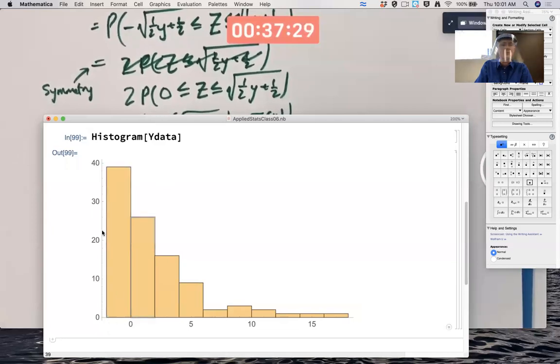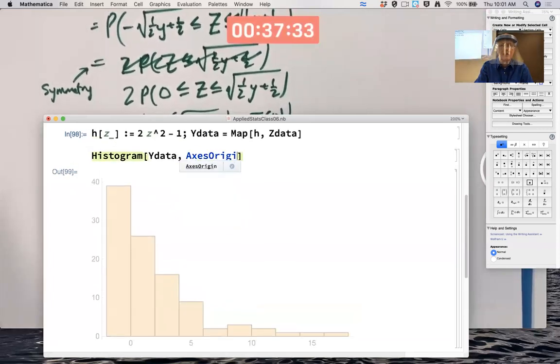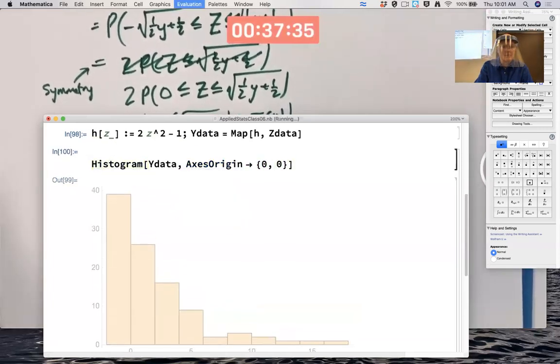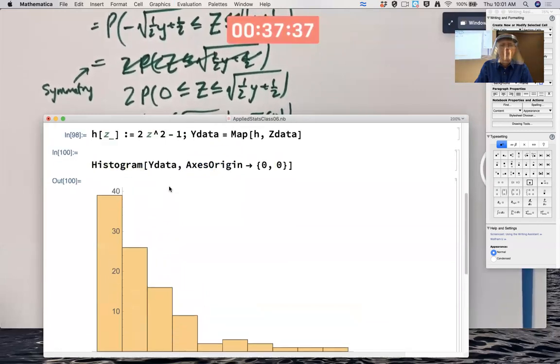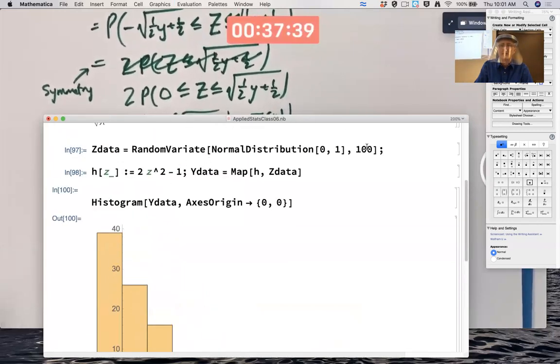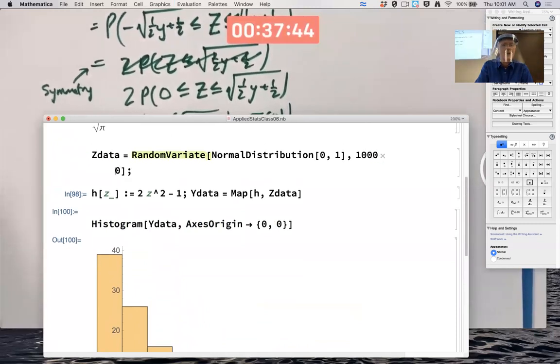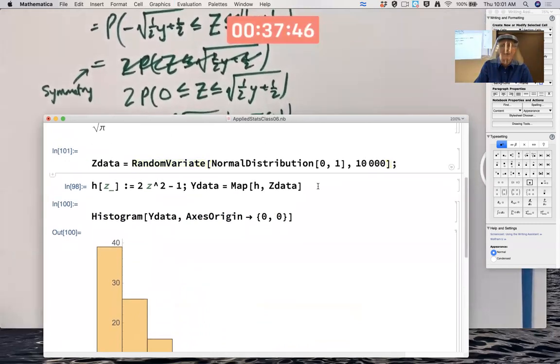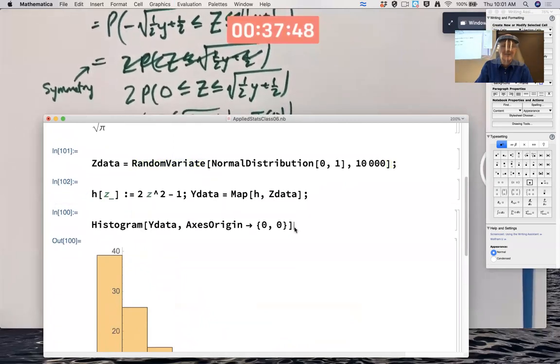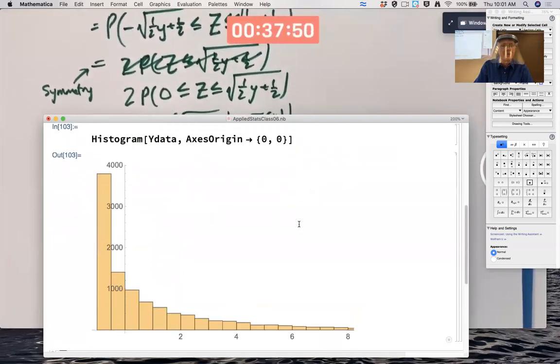The origin's not in the usual place, this vertical axis. See if I can force it. There we go. Maybe we do 1,000 data points. Or how about 10,000? But I want to suppress the output so I don't have to see it. There we go.